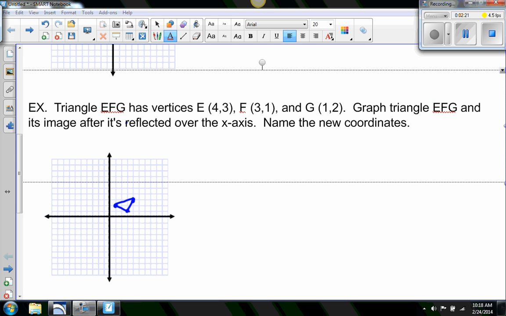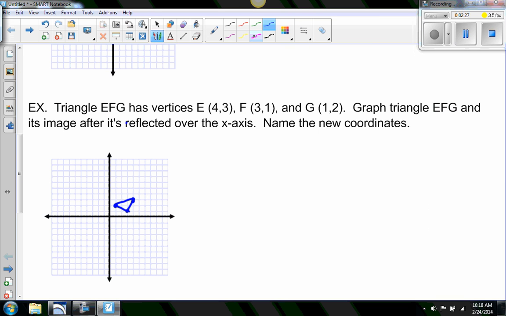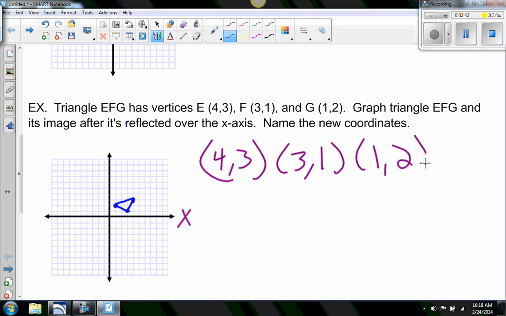And then we're going to name the new coordinates. So the x-axis, remember, is this one, right there. And so if I'm going to reflect this across the x, I'm going to go up and down, right? So if you look at the points here, what do you suppose is going to change? If I want to go across the x, which is moving it up and down, wouldn't it make sense that my y is going to change? So I need to go the same distance across.